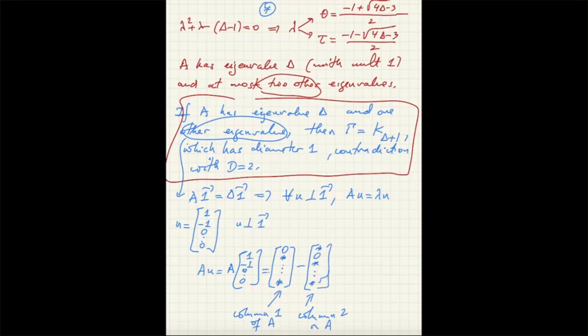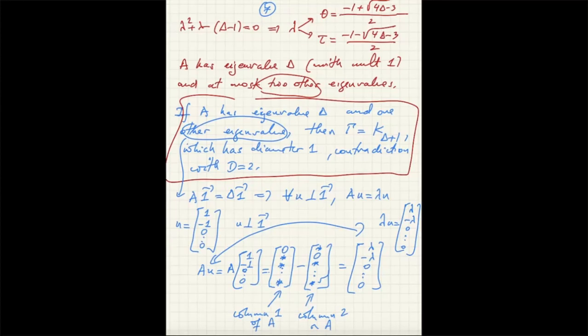The difference of these two vectors has to equal lambda times U, which is lambda in the first position, minus lambda in the second position, and 0 everywhere else. So now what can we deduce from here?